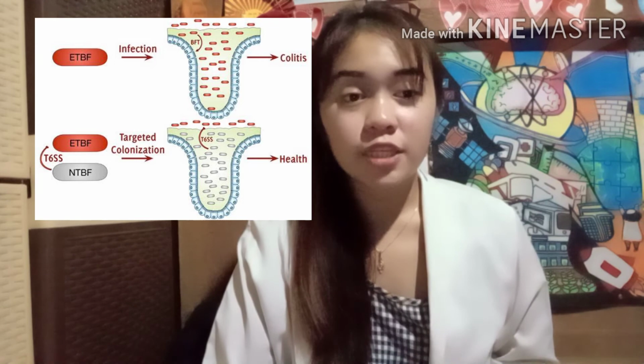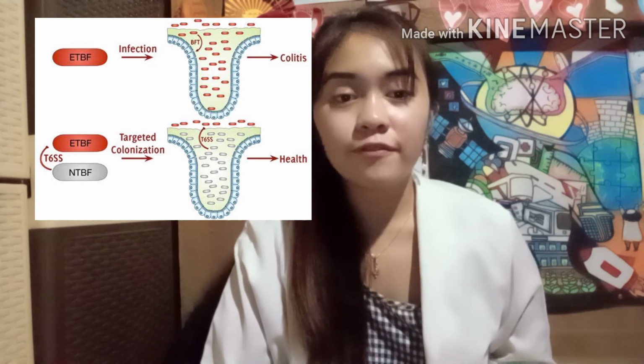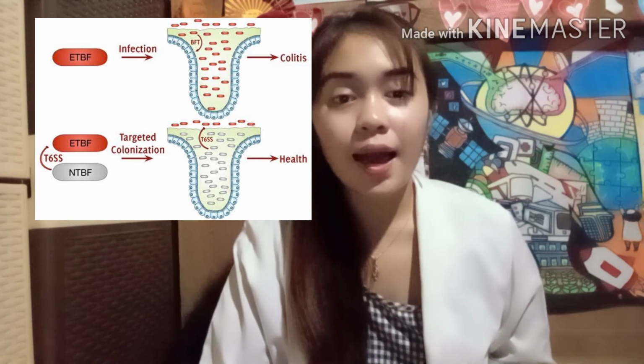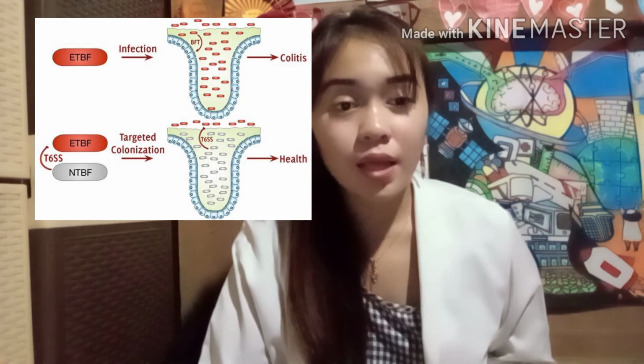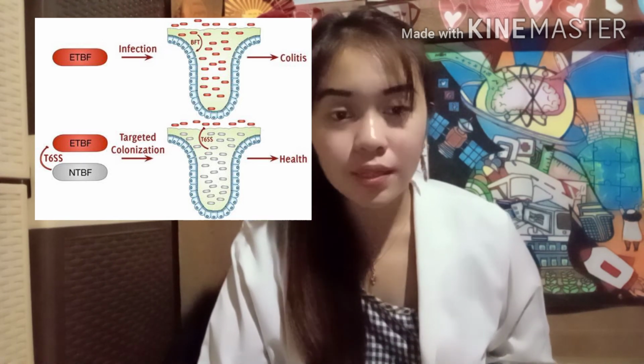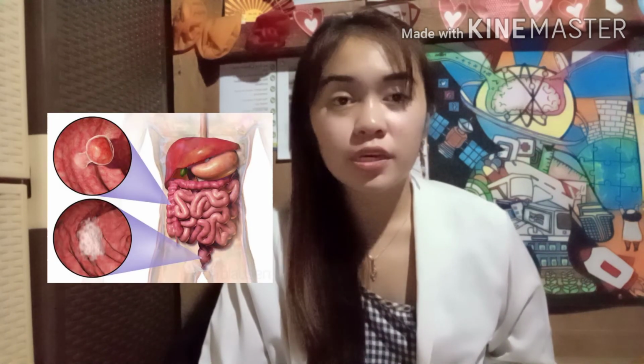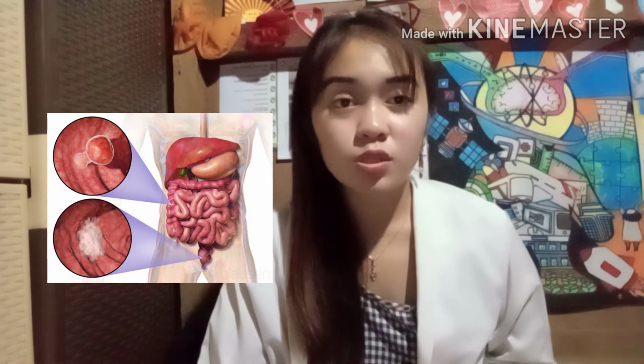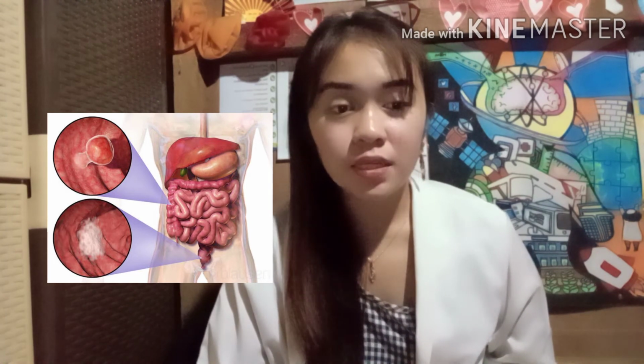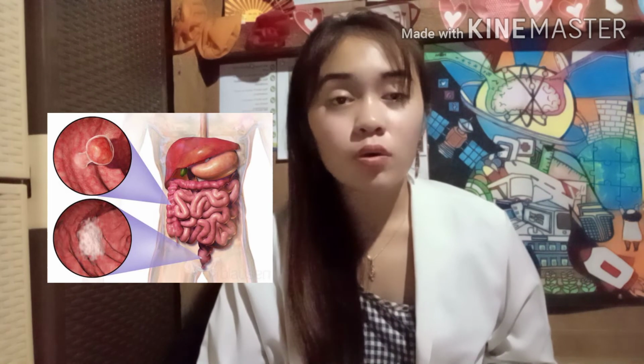Enterotoxigenic Bacteroides fragilis or ETBF cause acute diarrhea and are associated with active inflammatory bowel disease or IBD, late-stage colon cancer, and sepsis through production of B. fragilis toxin or BFT. Conversely, non-toxigenic B. fragilis or NTBF strains are symbiotic, protecting their host against inflammatory disease.